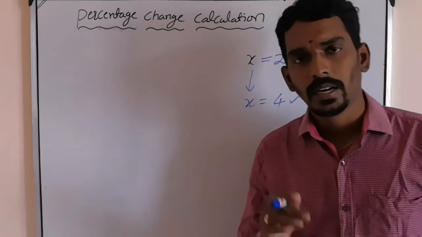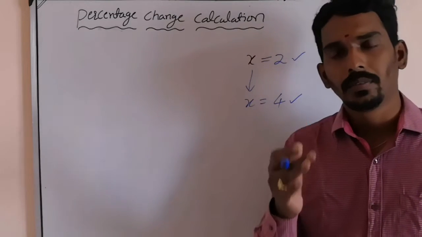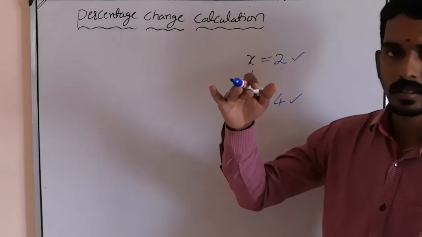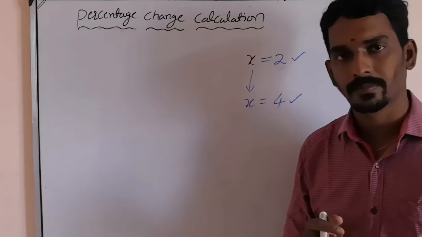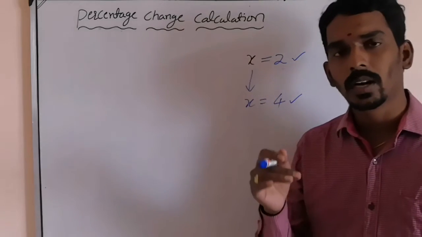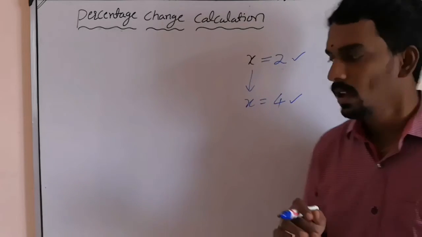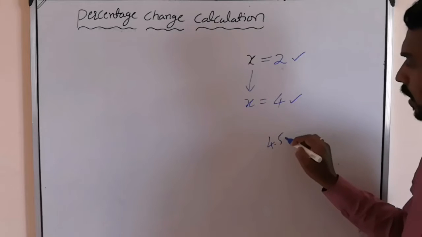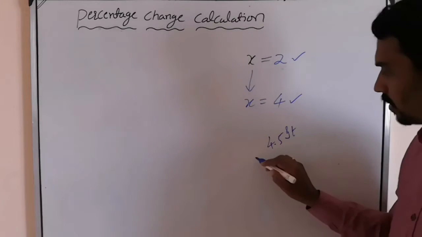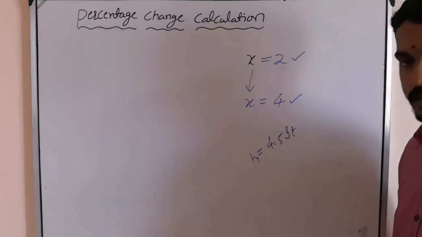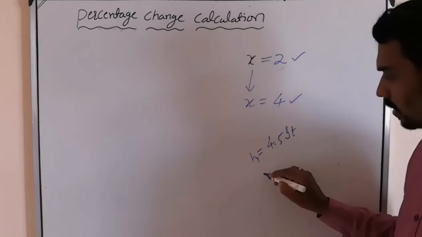Like in 2015 your height is 4 foot. Now your height is 5.5 foot, suppose. So 4 foot is your initial height, let's take h1 or hi.